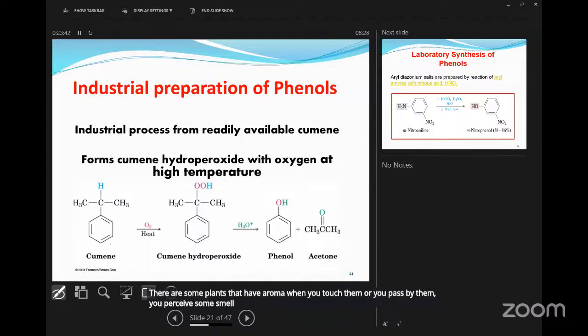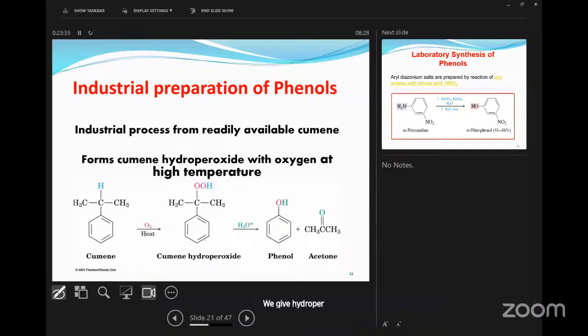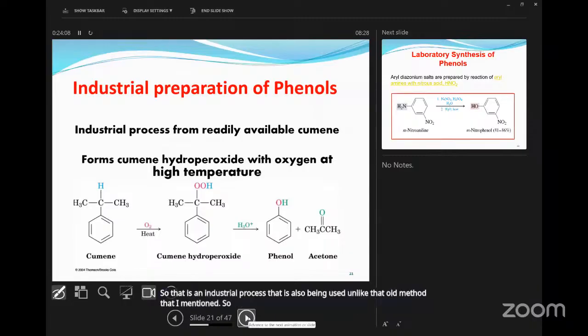So plants that have essential oils have cumene, so cumene can be isolated from them. Oxidation of cumene gives cumene hydroperoxide, and then acidification of it gives phenol and acetone. So that is an industrial process that is also being used, unlike that old method that I mentioned. So we can get them from cumene for industrial processes only, not lab work.